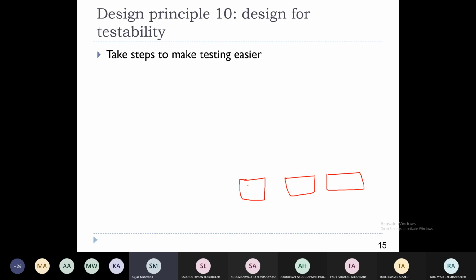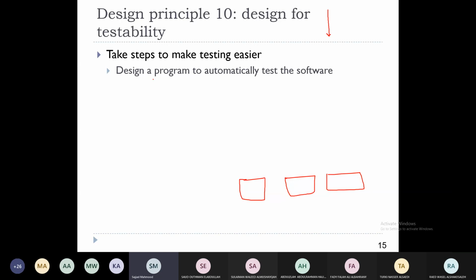So testing actually depends a lot on how you have written your code, which basically depends on how you have designed it. And as a designer, you should try your best to design your systems. Again, you don't have to do any rocket science here. Basically, you follow the principles you know. And as a byproduct, you will get a system which is probably easy to test.